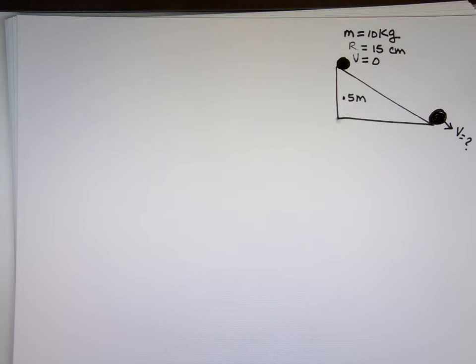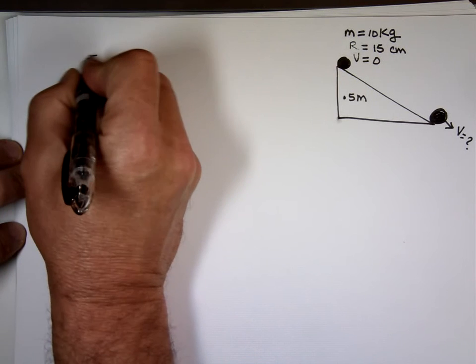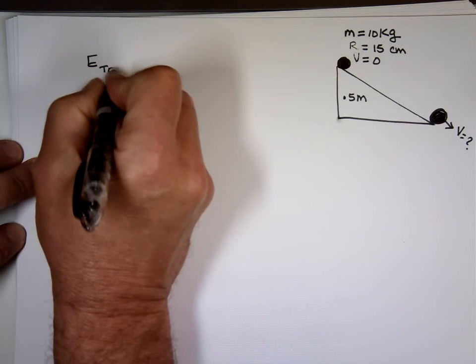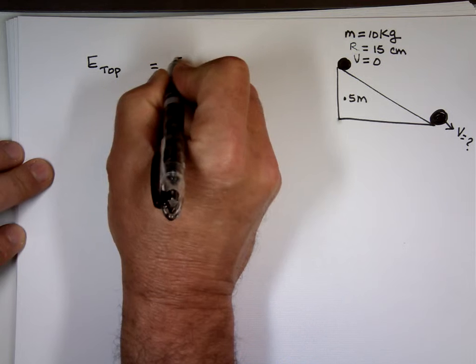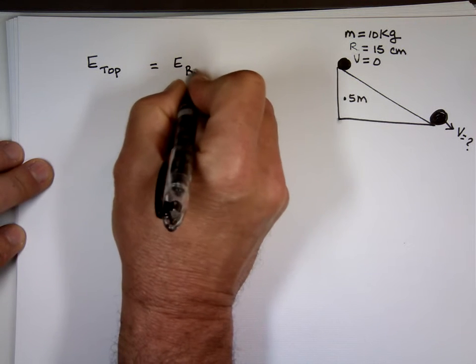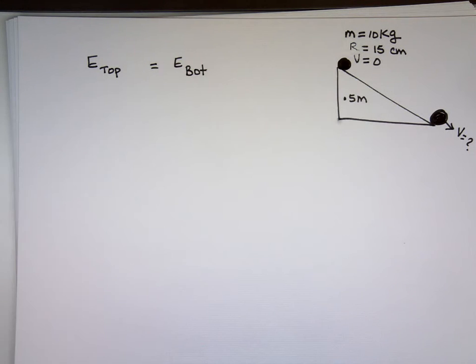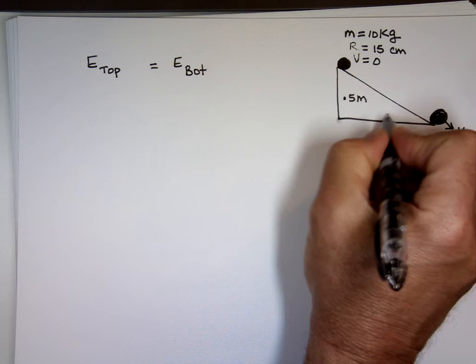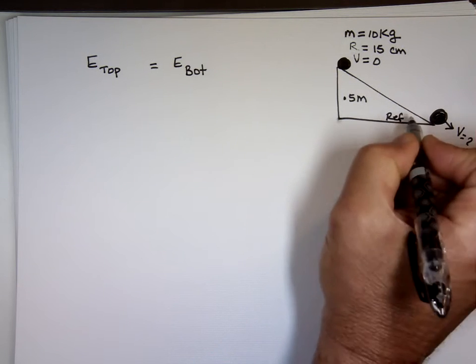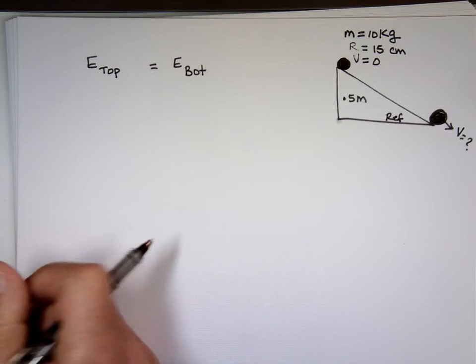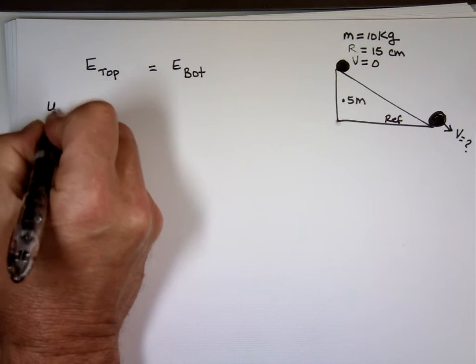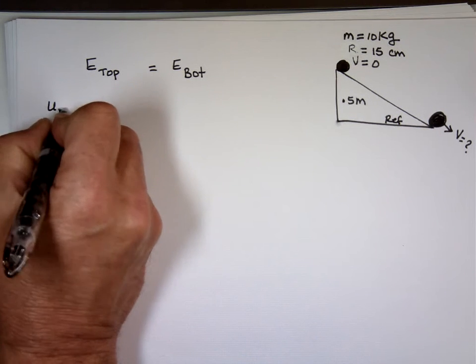If it wasn't slipping, that means we have conservation of energy. The energy at the top should equal the energy at the bottom. If I use the ground at the bottom as reference, on the top we have potential energy, T for top.